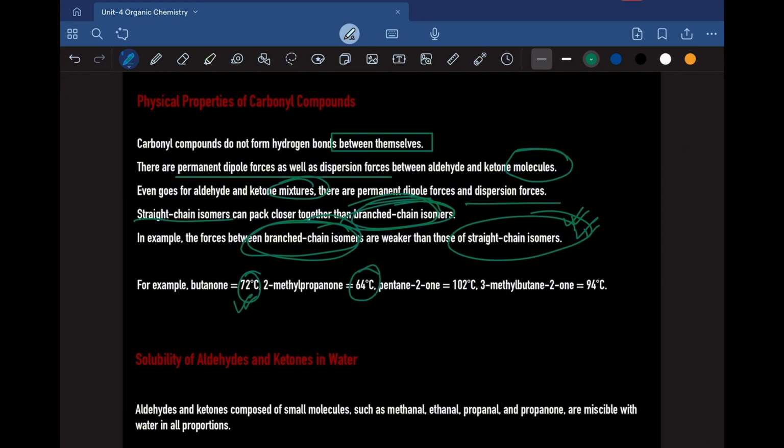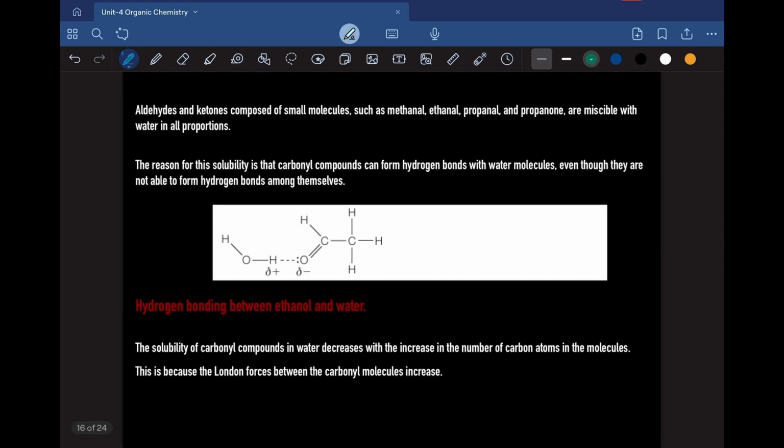So the straight chain isomer has a higher melting temperature than methyl propane, which shows that the forces between them are stronger, and they are more closely packed together.